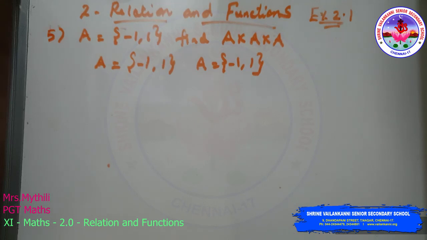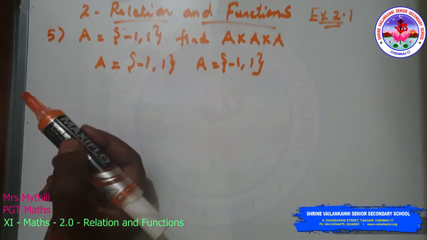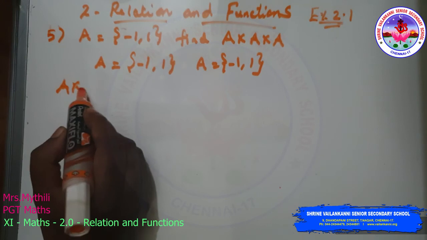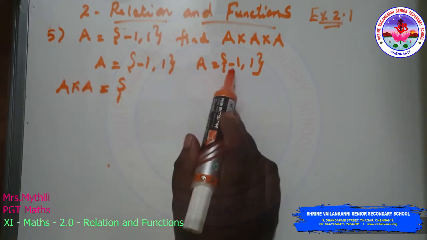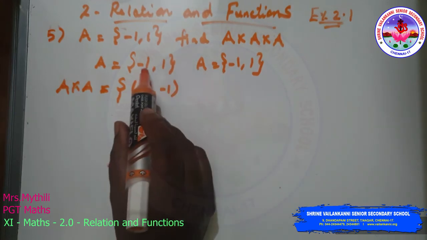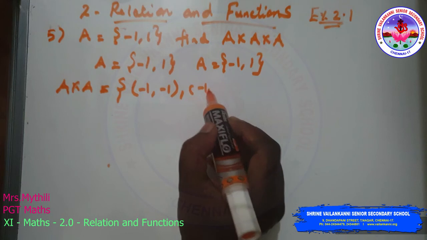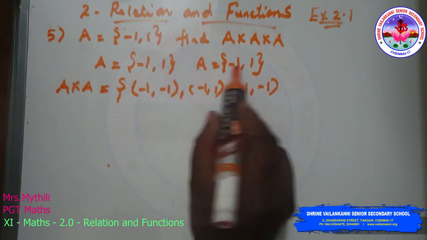Fifth one, if A equal to {-1, 1}, we have to find A cross A cross A, that is ordered triplets. Let's find A cross A first, written as ordered pairs: (-1, -1), (-1, 1), (1, -1), (1, 1).